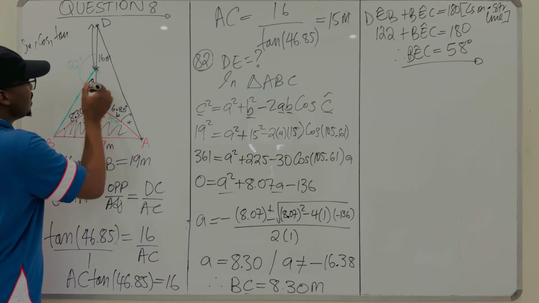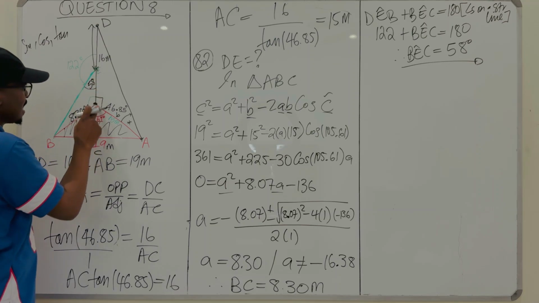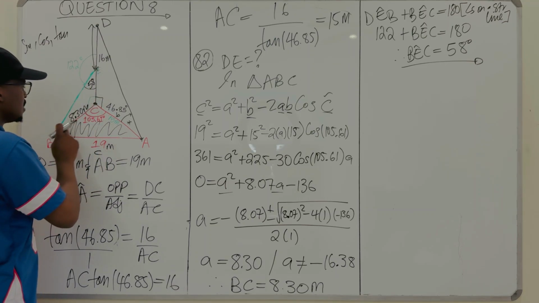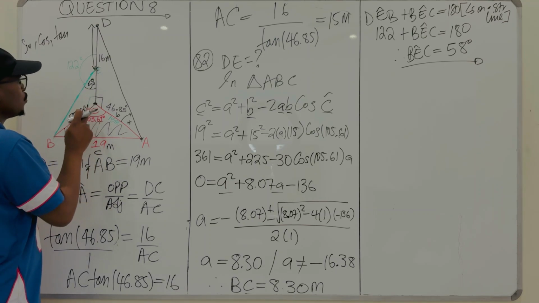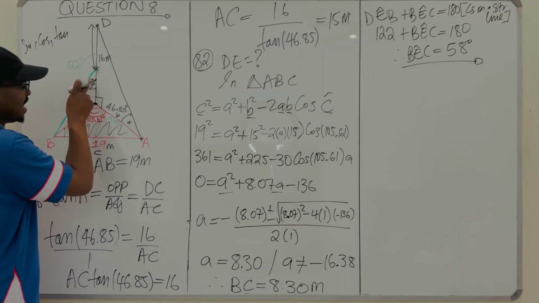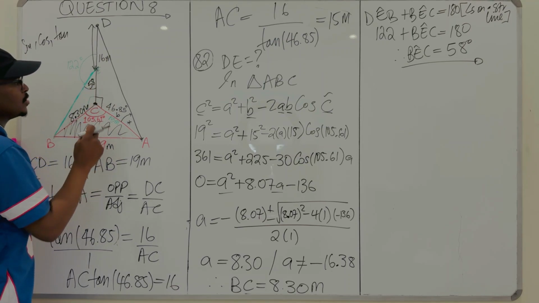So we have this angle here on a right angle triangle BCE. On right angle triangle BCE, we have the opposite side and we want the adjacent side. Same thing that we did on the first triangle. So that is the tangent.